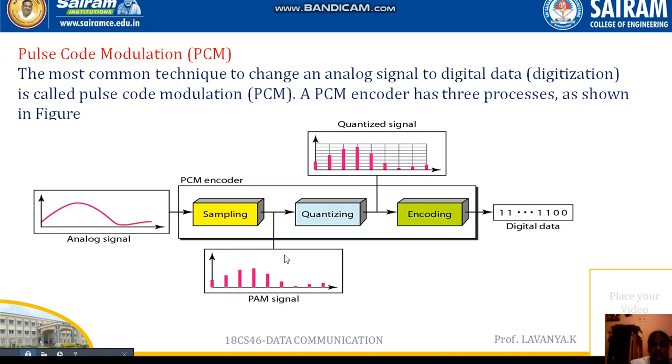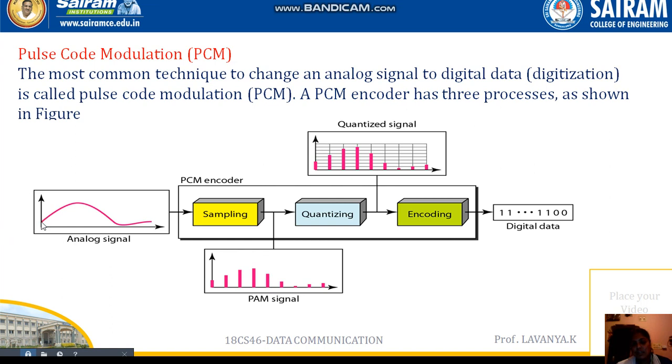This is what sampling is here. Sampling is nothing but dividing or segregating the analog signal based on the amplitude. Look at how the analog signal happens: initially it is very low, then a little higher, then the peak is high, and again it is low.